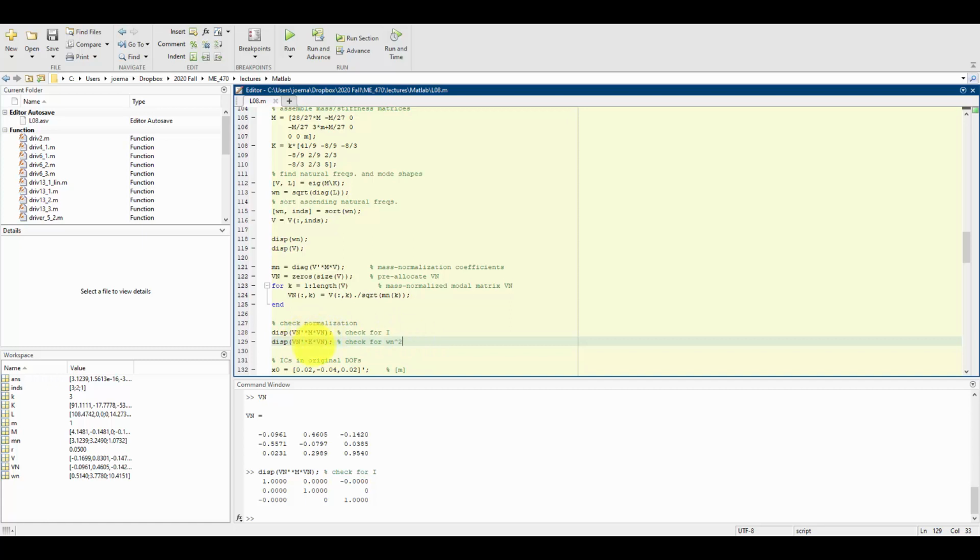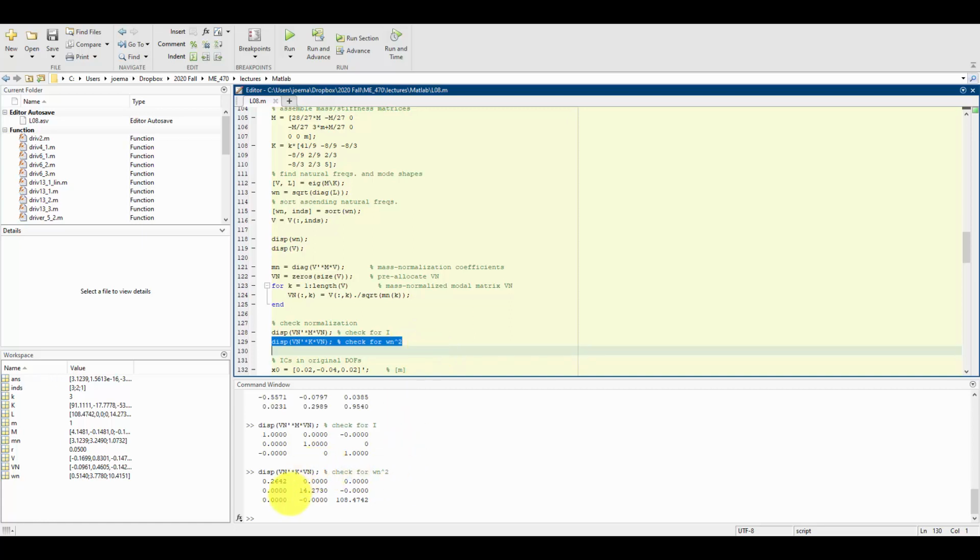And if we have the correct mass normalized modal matrix, then we pre-multiply the transpose of it by K, and post-multiply by the matrix itself, we should get a diagonal that is the squares of the natural frequencies, which would be those original eigenvalues. So when we do that, the main diagonal is this 0.26, 14.27, etc. Let me just take, to double check that, just the diagonal of that.